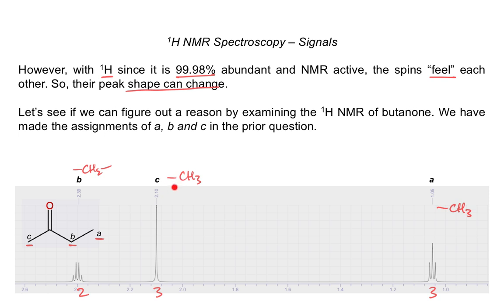If this signal has 3 hydrogens, why does it occur as one line? Whereas this is also 3 hydrogens, but now it's 3 lines. The CH2 group is 4 lines. Can you make sense of that looking at the structure at all?